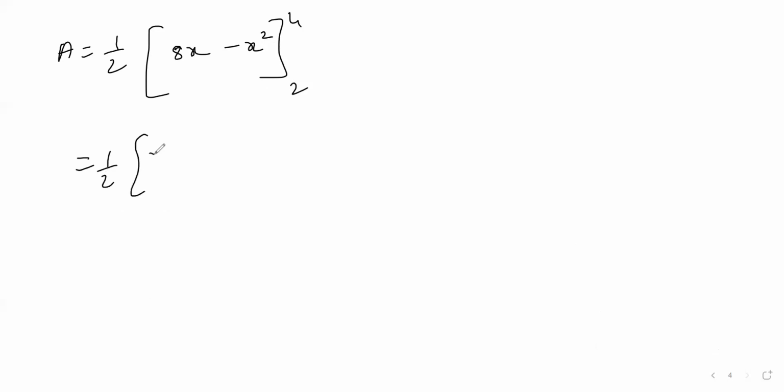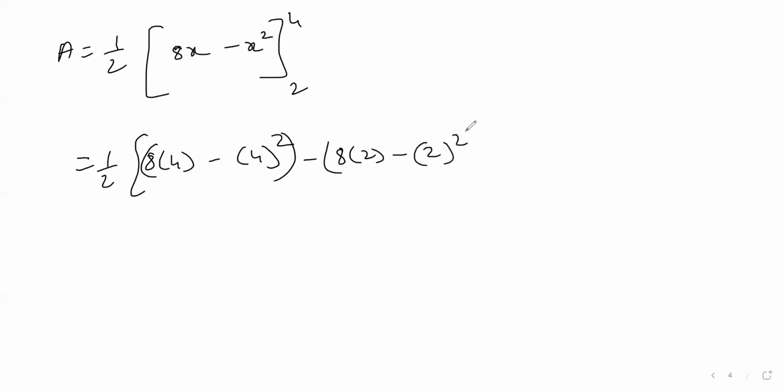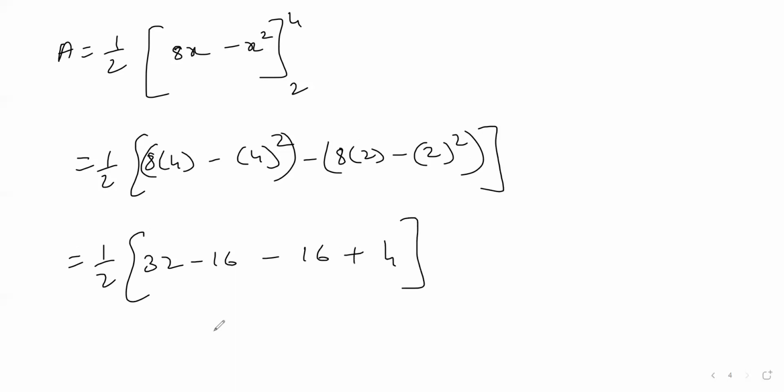So it is 1 by 2, 8 into 4 minus 4 square, minus 8 into 2 minus 2 square. It is 1 by 2, 32 minus 16 minus 16 plus 4. ये 32 cancel. 16 with 16 minus plus 32 plus 4. 1 by 2 into 4. Your answer is 2 square units.